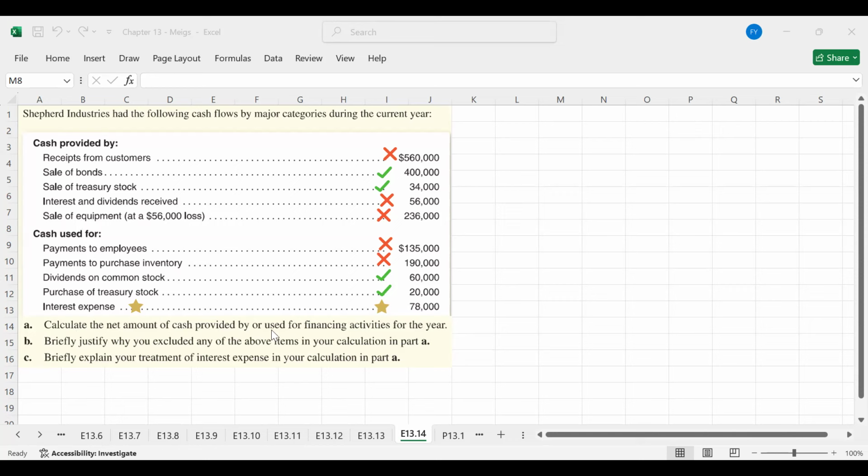Calculate the net amount provided by financing activities. We have two different rules or regulations. Number one, if the company is following US GAAP. So first of all, we are calculating cash flows from financing activities, a requirement.